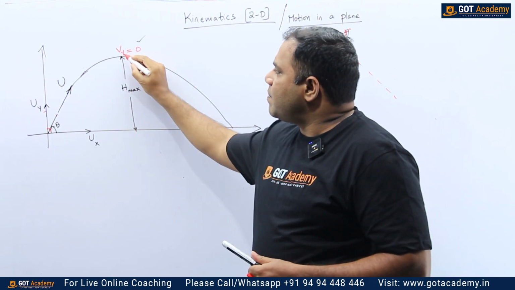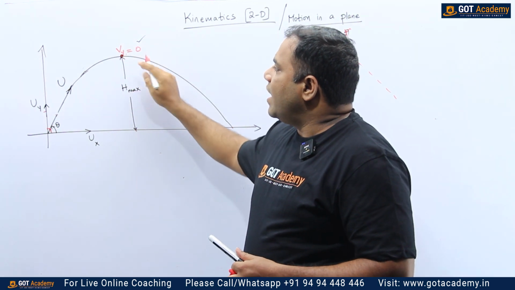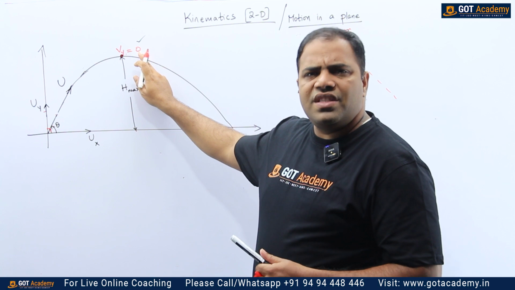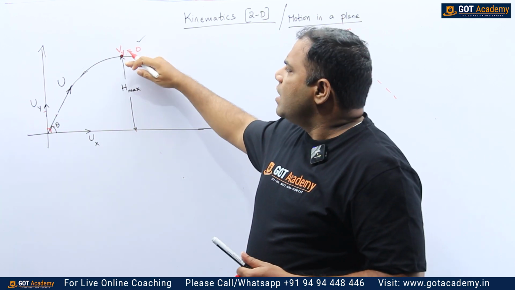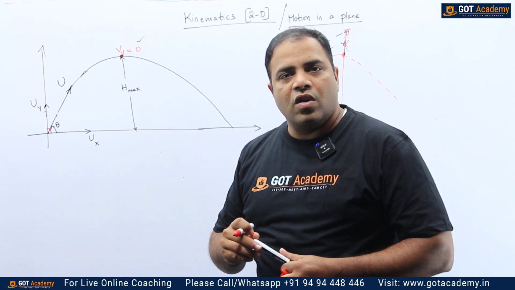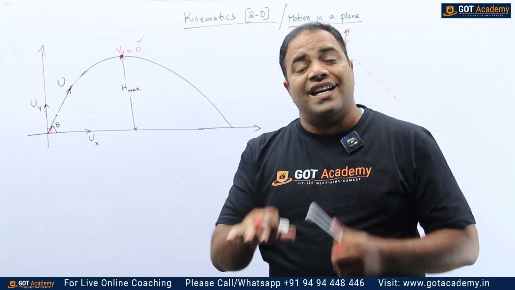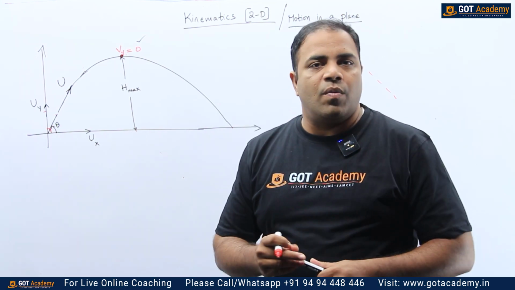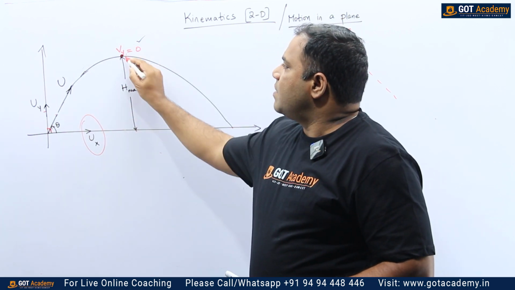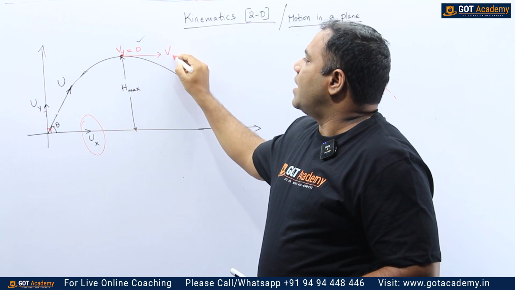So whenever I say this is the maximum point, there the vertical component, that is the y component of velocity, must be 0. Or else there will be some other maximum point, right? So there the velocity is 0. That is the reason why there is no other maximum point. But see, here you are having an x component of velocity. Similarly, you are having an x component of velocity here.